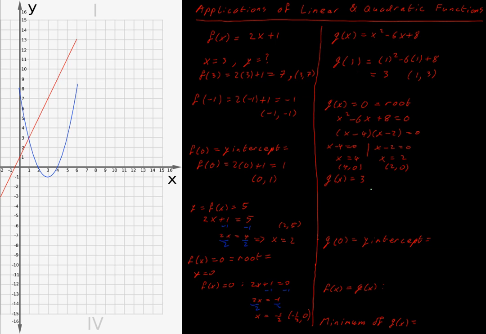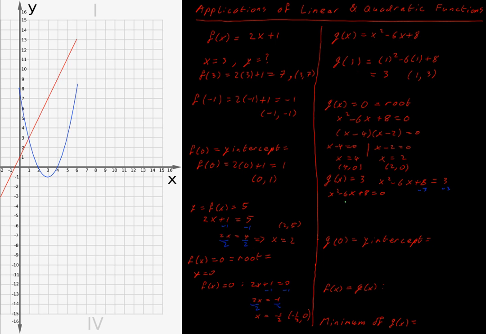Now if we're asked g of x is equal to 3, what would that give us? Then we have x squared minus 6x plus 8 is this time equal to 3. And I'm solving a quadratic again. I take 3 from both sides because I want to have everything over on the left-hand side when I'm solving a quadratic.